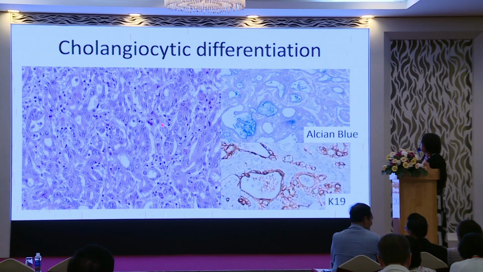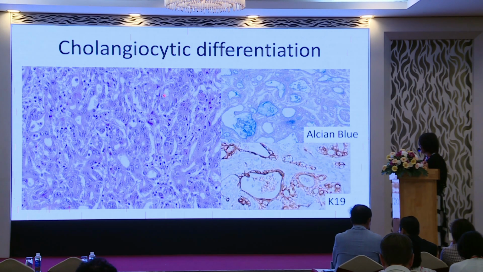In that case, we need to use some staining and immunohistochemistry to confirm cholangiocytic differentiation. For this purpose, we often use mucin staining, Alcian blue, to confirm the presence of mucin, because hepatocellular carcinoma does not present mucin. And we also confirm cholangiocytic differentiation by using keratin-19 immunohistochemistry.